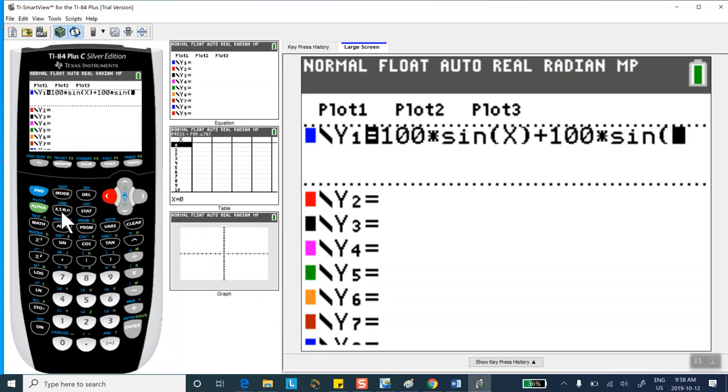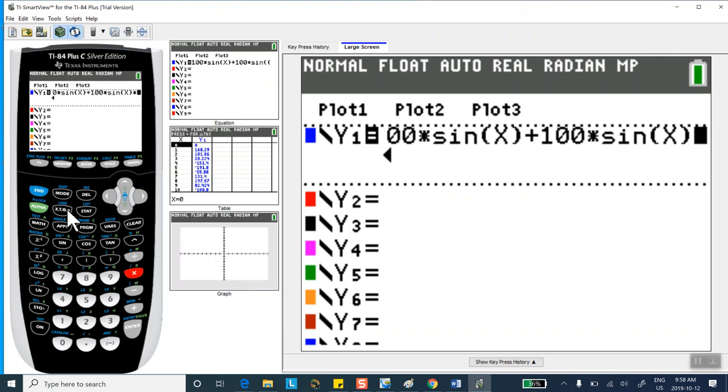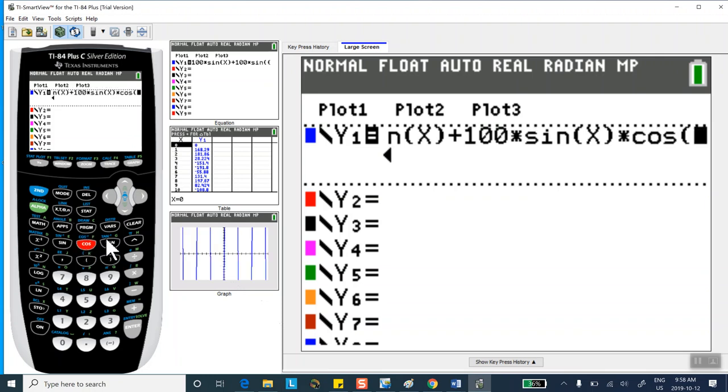I don't think you can backspace here. That's what it is. Close it, times cosine of x, close it. Okay, so that's the function.